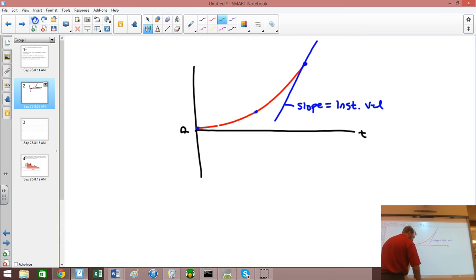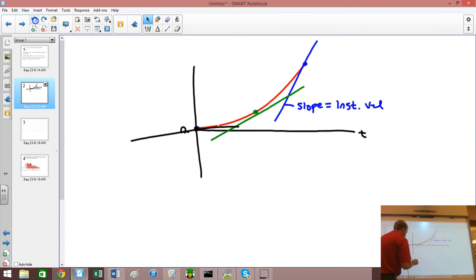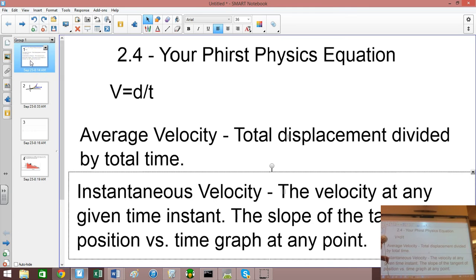Same right here. This one, the slope of the tangent looks something like that. And then I've got this point right here. Maybe the tangent's like this. And you can see that I'm getting faster. The slope is increasing, so I'm getting faster as time goes by. So that's the difference between instantaneous velocity and average velocity.